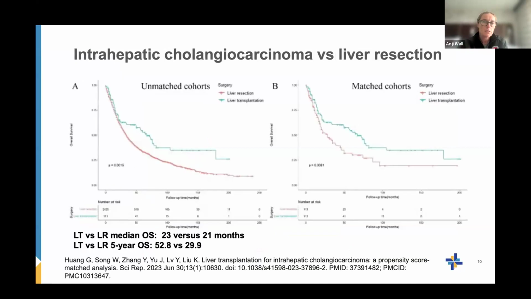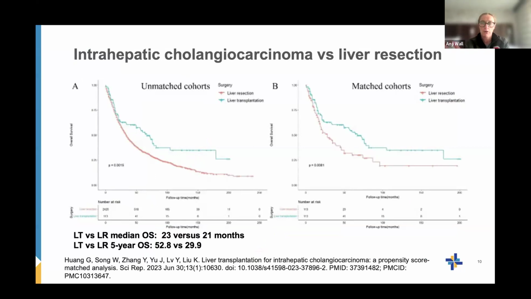So this is where we think about intrahepatic cholangiocarcinoma, liver transplantation versus liver resection, where we want to ask what is the best alternative approach to management.